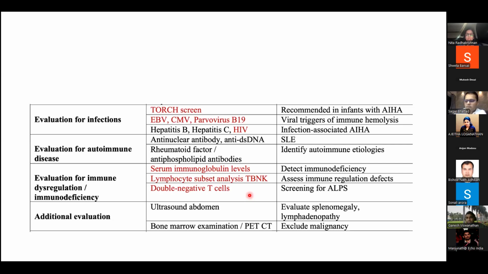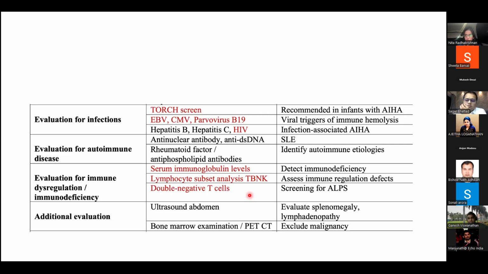And then finally, in older children, not so significant in infants, we do look for underlying malignancies in those who come with lymphadenopathy. If there is lymphadenopathy, you look at what the lymph node is, as in whether you can do an FNAC on that, or sometimes even a marrow or a PET-CT may be indicated.